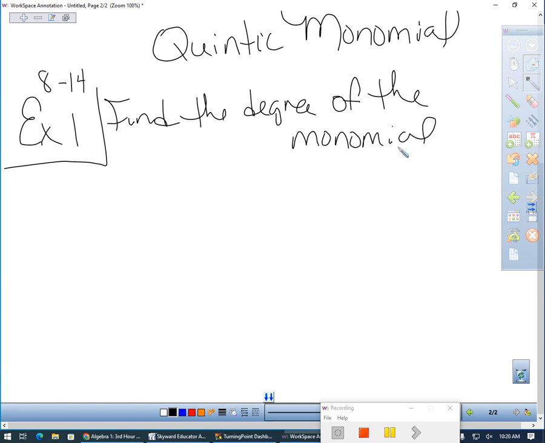Some of them are going to be really easy. Some of them might be a little tougher and be special cases. So maybe we have 7y. This is a monomial. But what is the highest exponent here? It is a 1. And what is that word for 1? So this is a linear monomial.